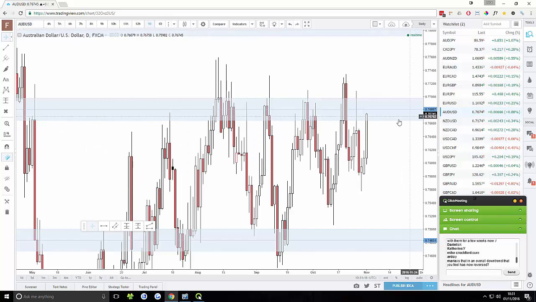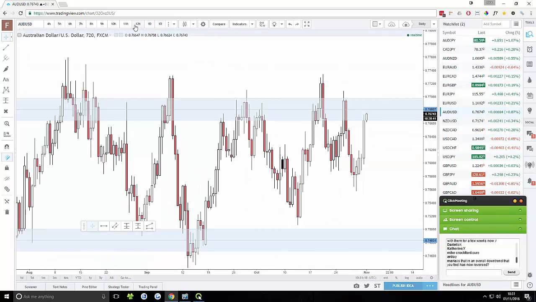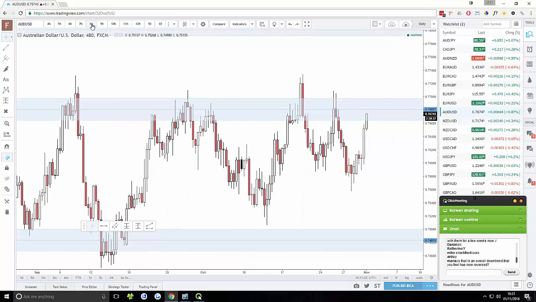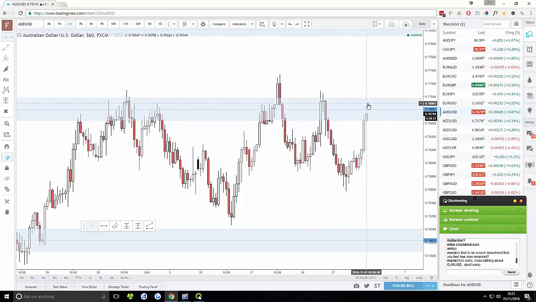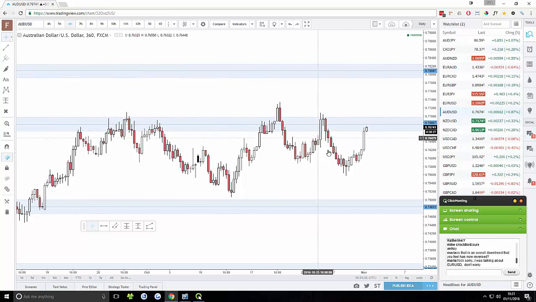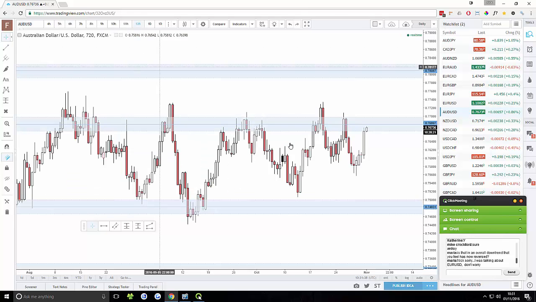It is continuing to push up, so this might not end up being a potential trade at all. We just have to wait and see. But we are seeing some signs of it stalling or slowing down at this resistance area. So do keep a close eye on AUD USD. There might potentially be a trade forming in the next 5-6 hours, or maybe the next 12 hours or so. Just keep a close eye on that.